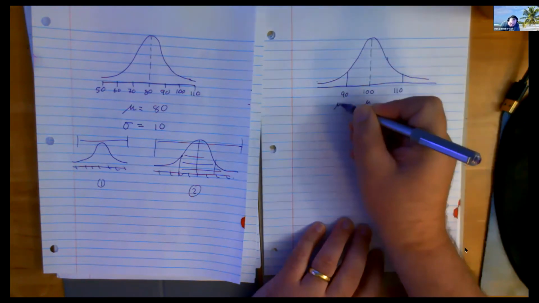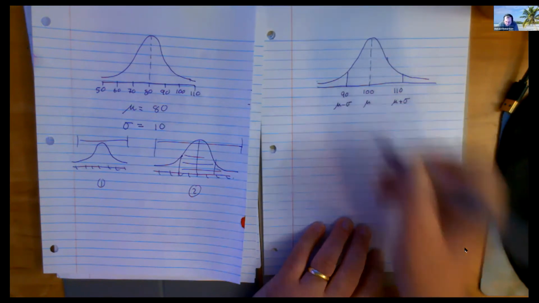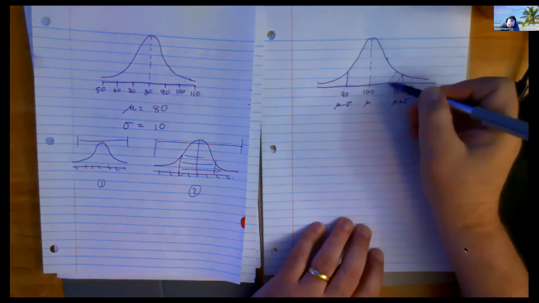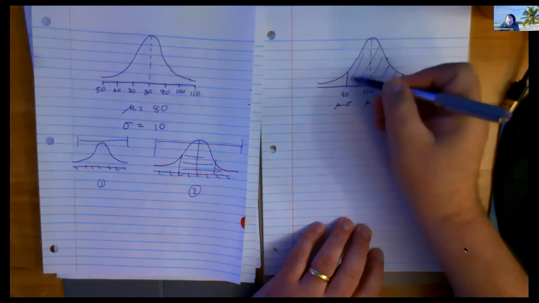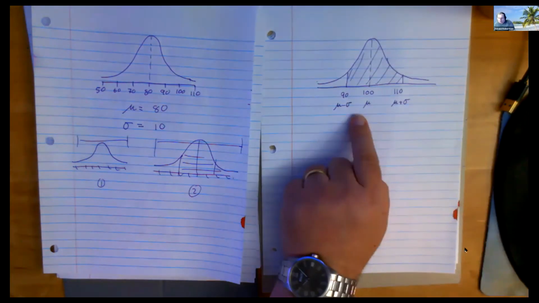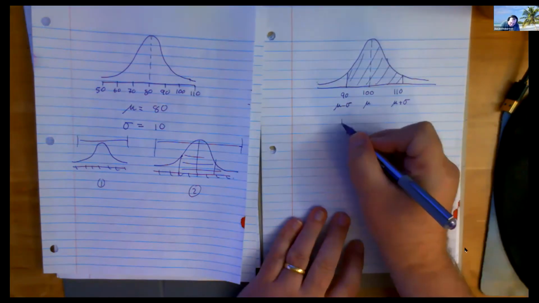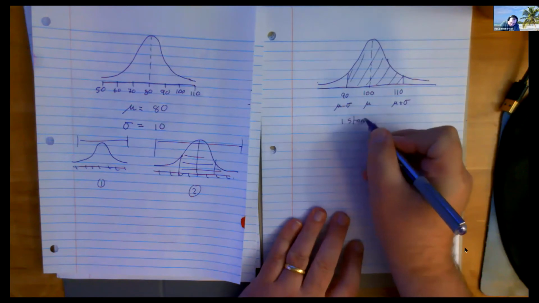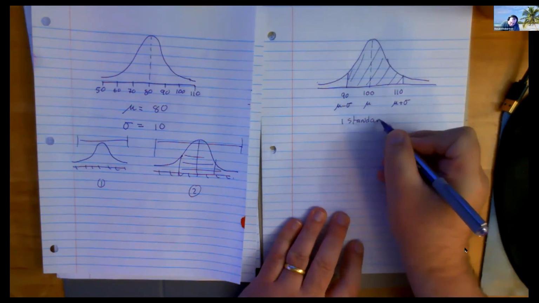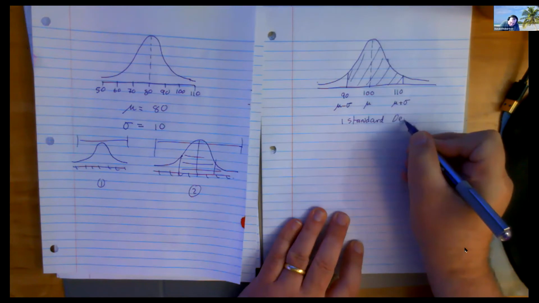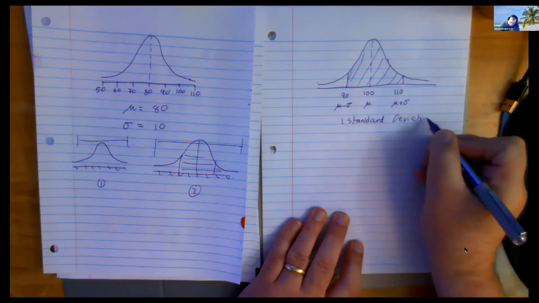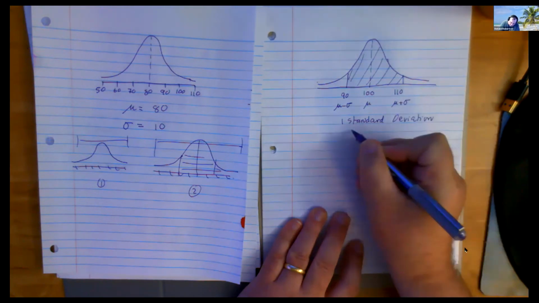This is mu take away 1 standard deviation. And we are focused on only this piece of the curve. We describe this as being 1 standard deviation from the mean.